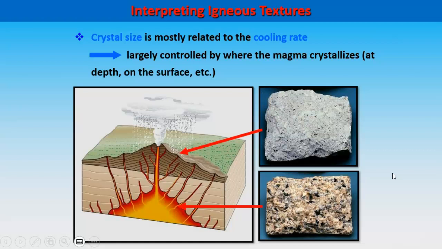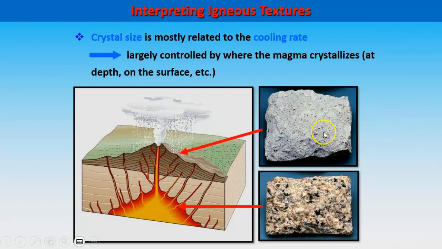You should be aware that crystal size is an indication of where the magma cooled, and we would argue big crystals, slow cooling inside the Earth, small crystals, fast cooling on the surface of the Earth. Composition is dictated by its color, and we would argue that these two have the same composition. Maybe not identical, but in our terms we're having these three big groups: felsic, intermediate, and mafic.